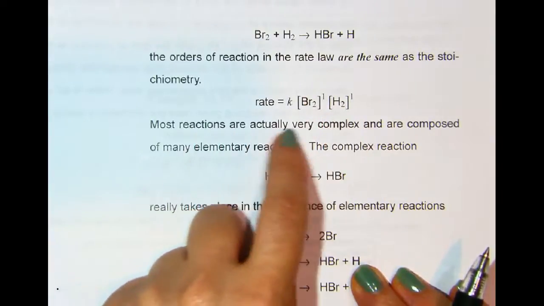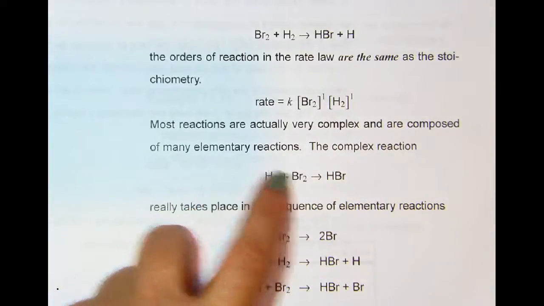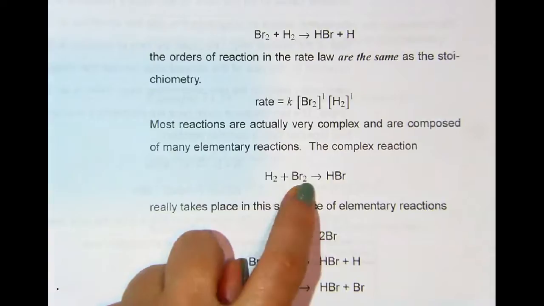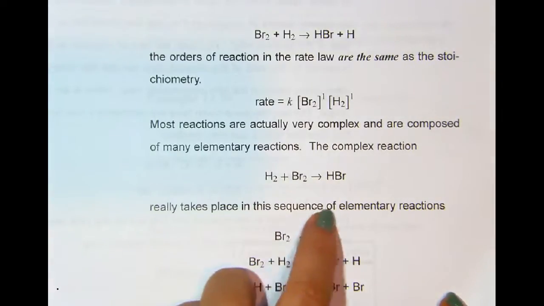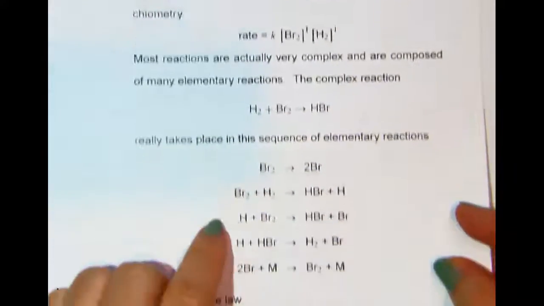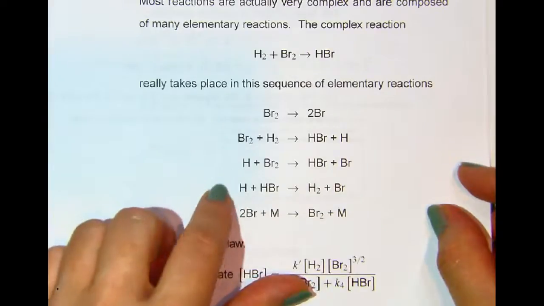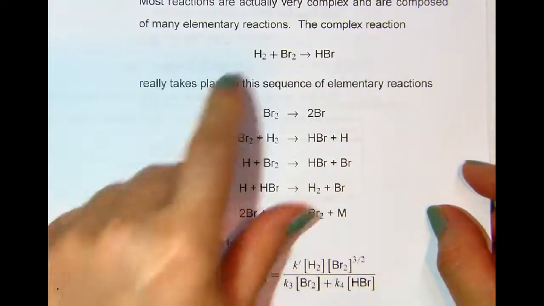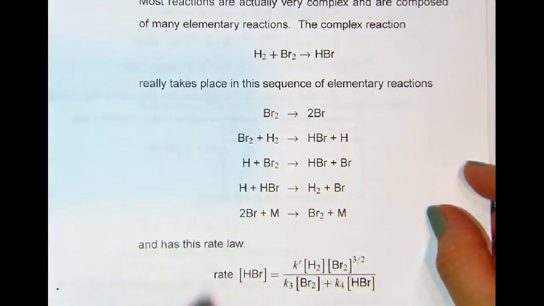Most reactions are actually very complex and are composed of many elementary reactions. The complex reaction, H2 plus Br2 yields HBr, really takes place in a sequence of elementary reactions as follows. And so because there are several reactions that occur, you cannot use the stoichiometry in a complex reaction to identify the order.